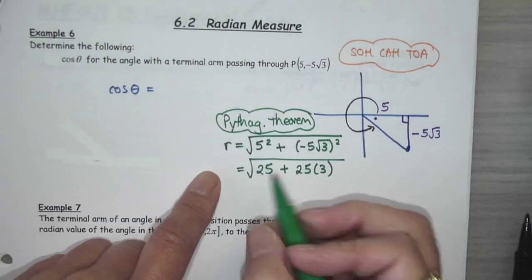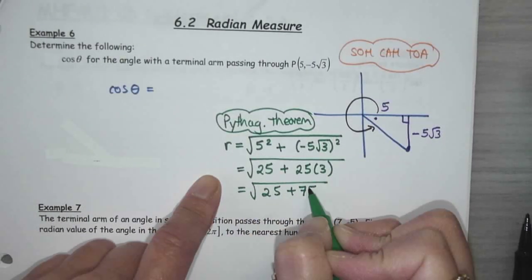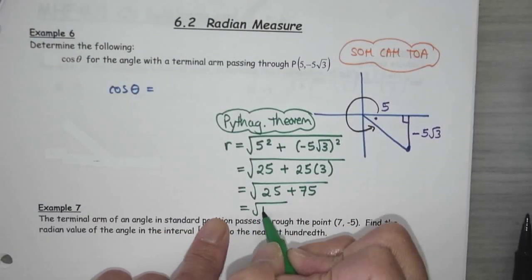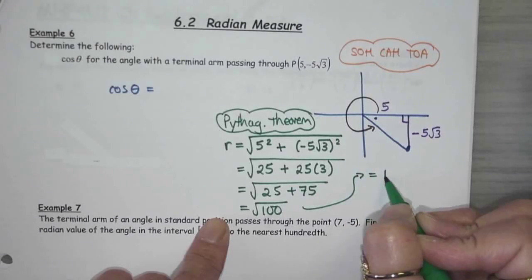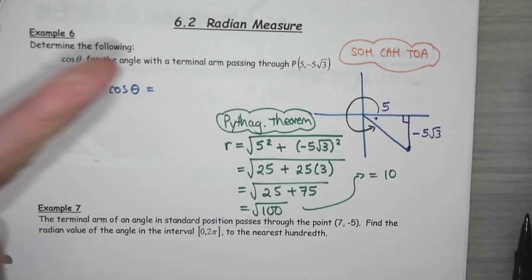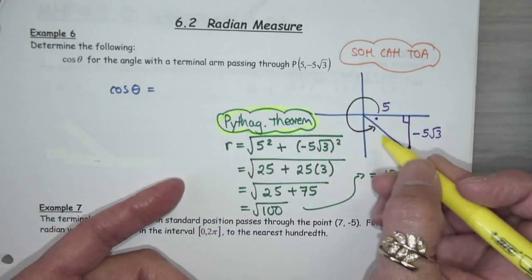And if you can go faster, go right to 75. And then it's 100, which, yes, you can go faster, so then this would be 10. If you can do that part faster, go ahead. But you need to be able to use Pythagorean theorem. The main thing for this one is Pythagorean theorem, so that you find the missing side.